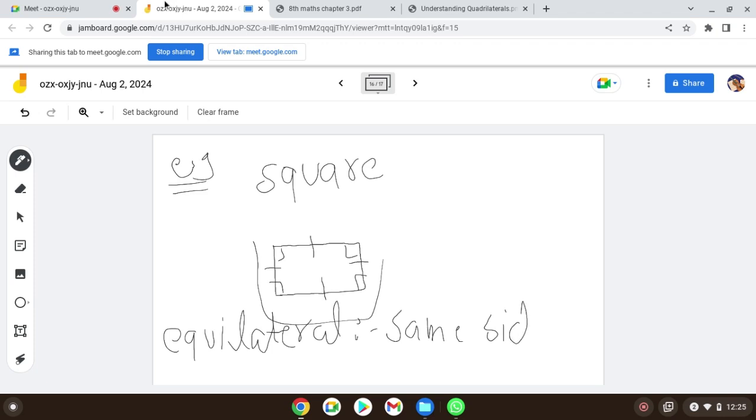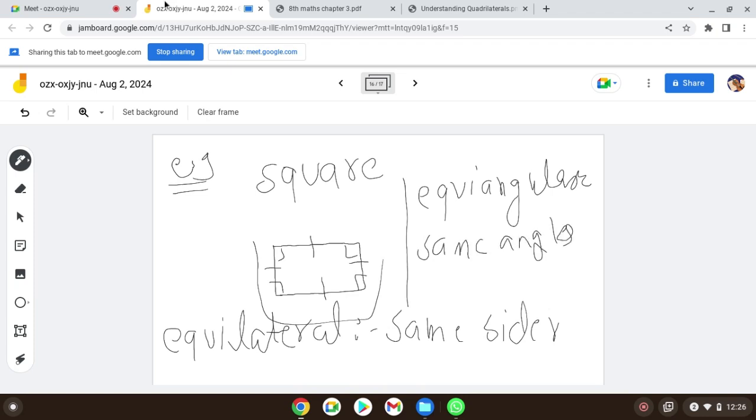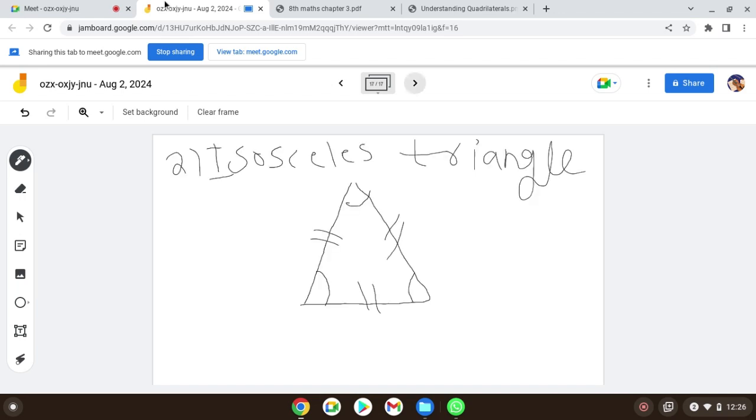And equiangular means same angles. So a square is equilateral and equiangular, and an isosceles triangle is also equilateral and equiangular. Very good.